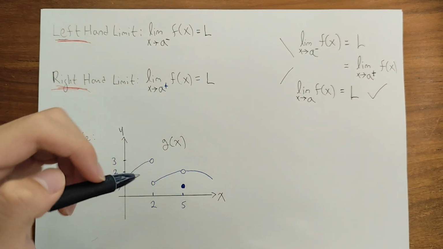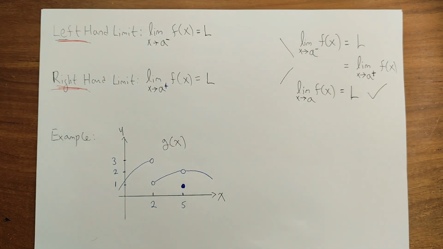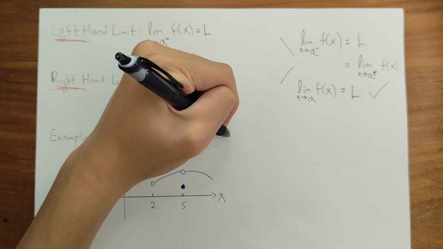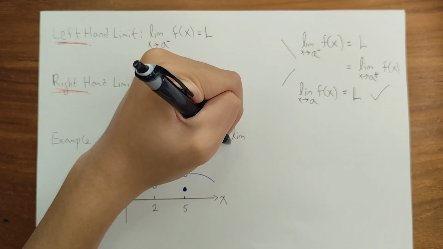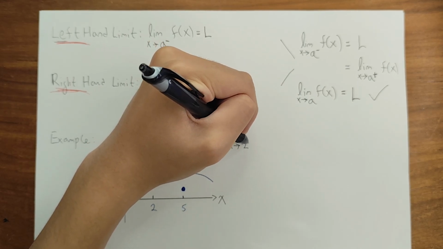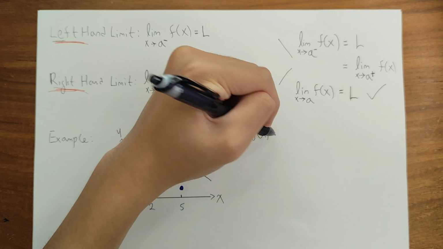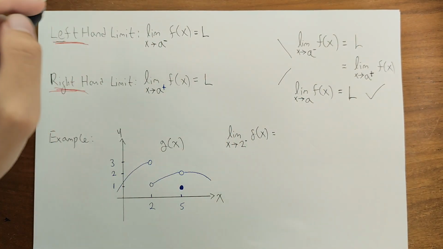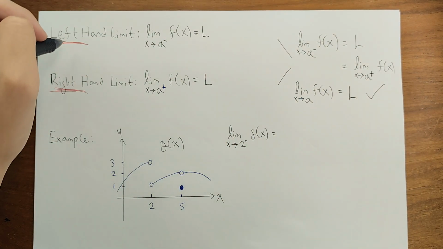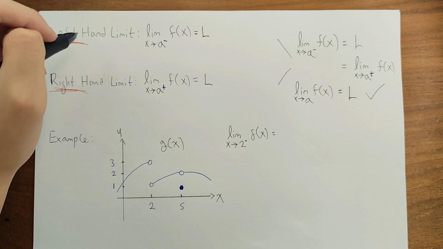The filled circle represents that this point exists. Use the graph to state what's the limit as x approaches 2 minus of g(x). The minus sign means that it is approaching from the left. It's a left-handed limit.